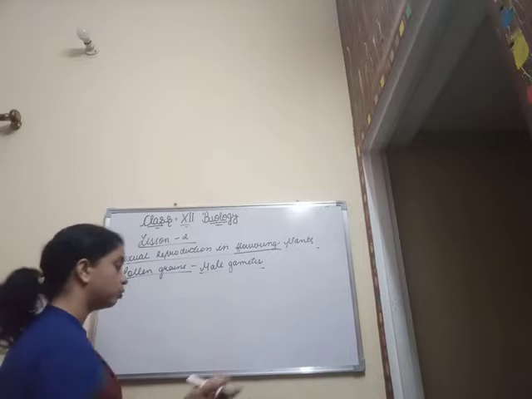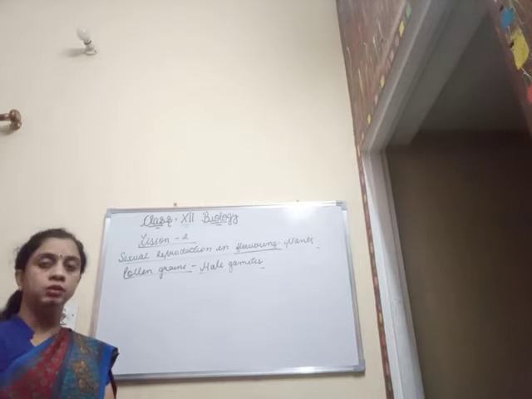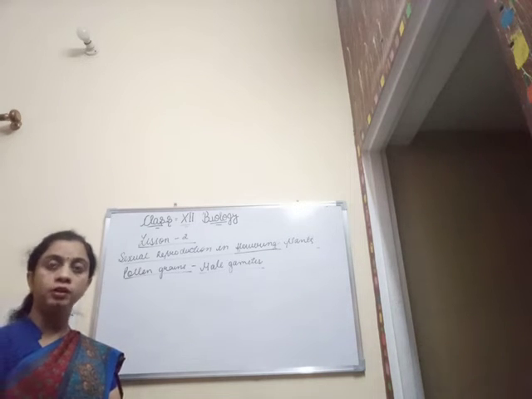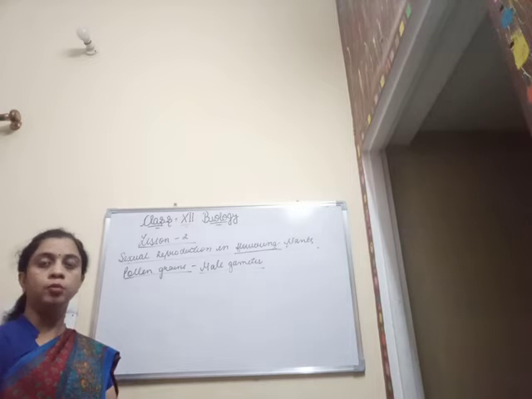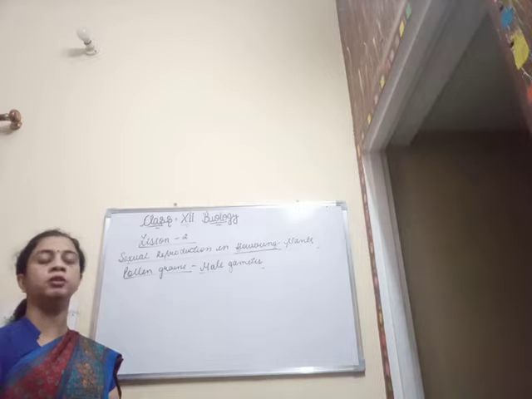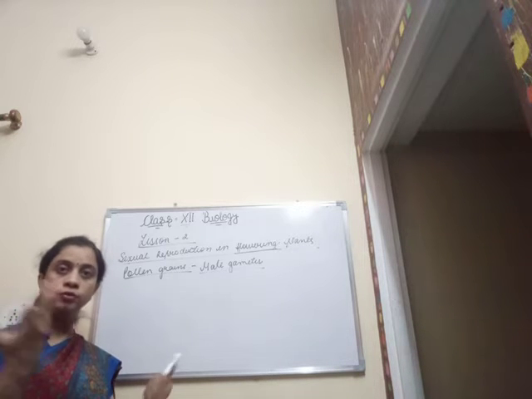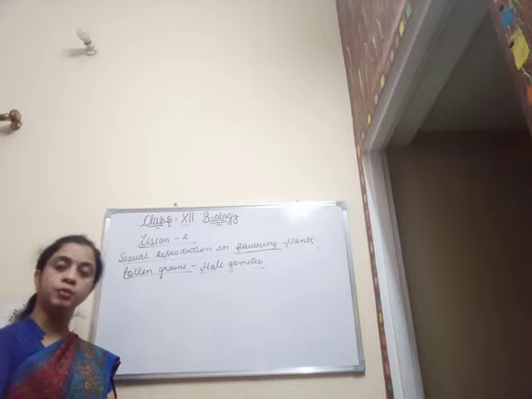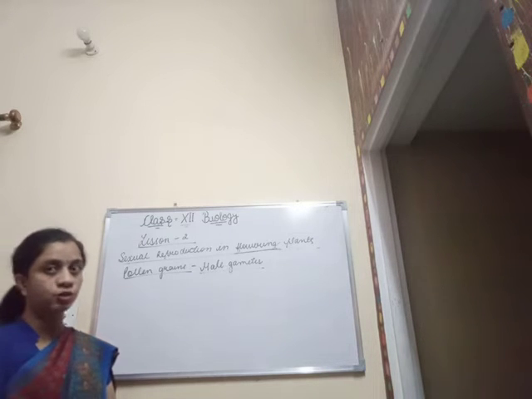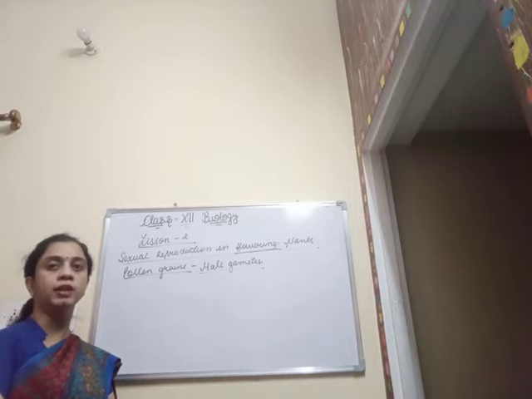Pollen grains, as I told you in the previous class, the anther lobe produces a large number of pollen grains. Since a single pollen mother cell is capable of forming 4 pollen grains, and a large number of pollen mother cells are present within a given microsporangium, a large number of pollen grains are developed within a given anther lobe.